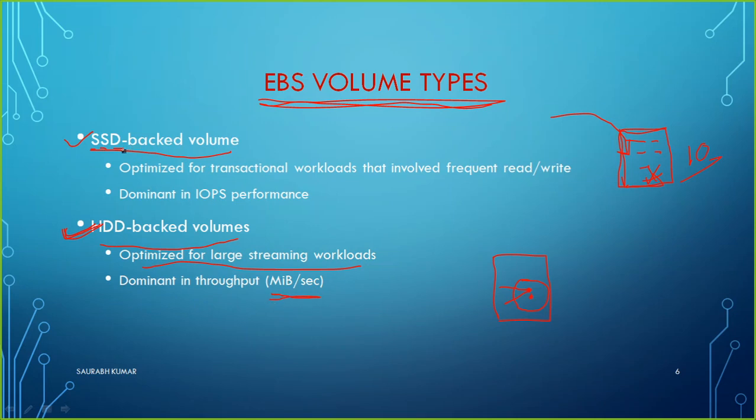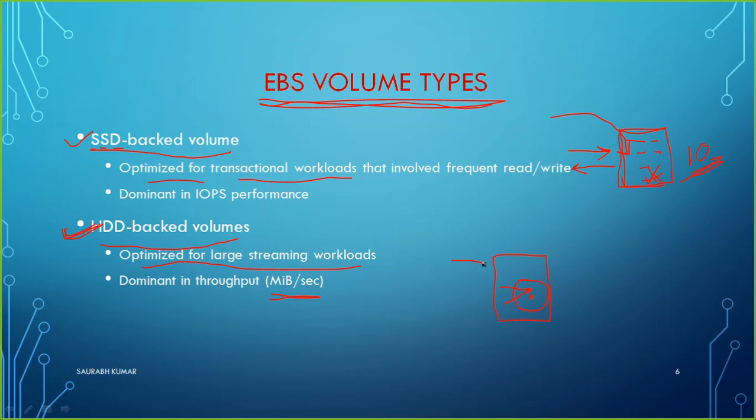If we talk about SSD, it is optimized for transactional workloads. Transactional workload means where the input output data speed is required more. You are not storing huge data, but your main purpose is the speed of putting data in and getting data out. If you want better input output, then you prefer this SSD backed volume.